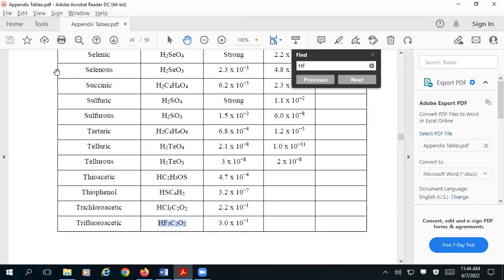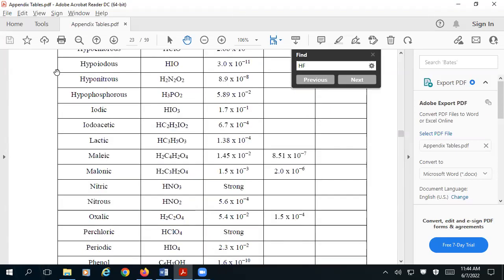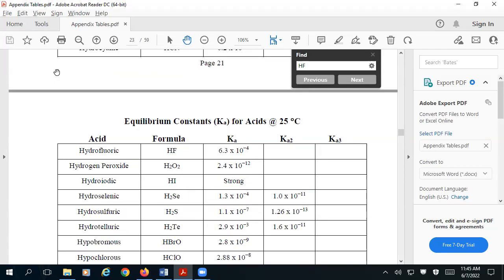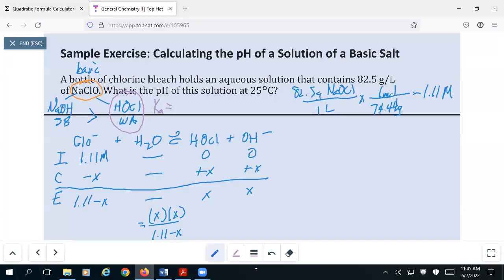So if we go up, hypochlorous acid has a Ka value of 2.88 times 10 to the negative 8th.